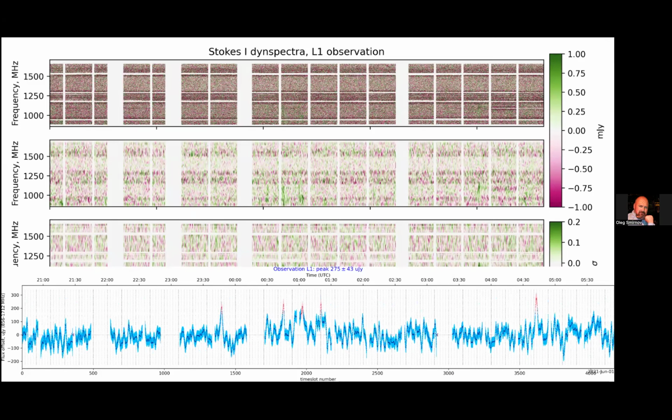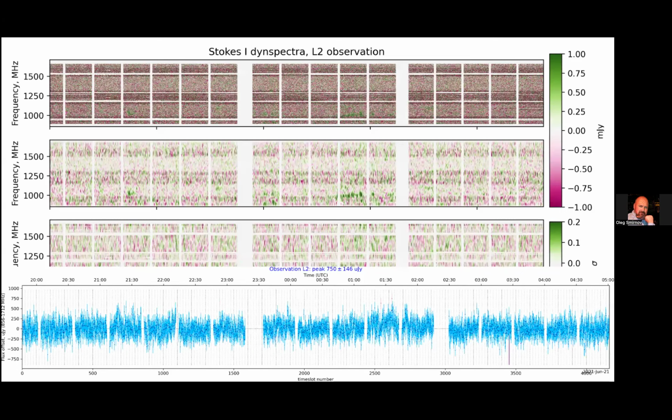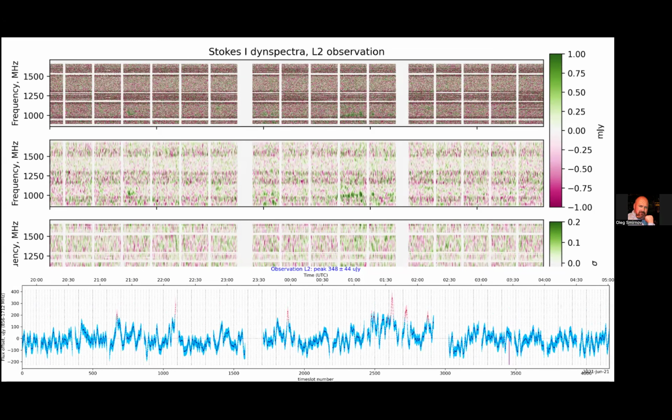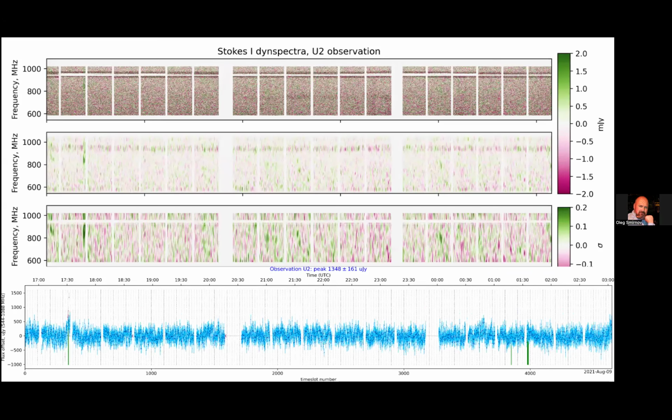If you do a bit of smoothing in time, then once you filter to a particular time scale, you start seeing peaks popping up in the light curve. And this is the case for all the follow-up observations. This is an observation in MeerKAT.